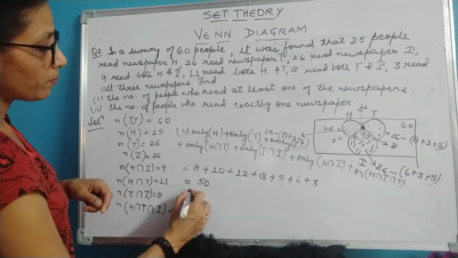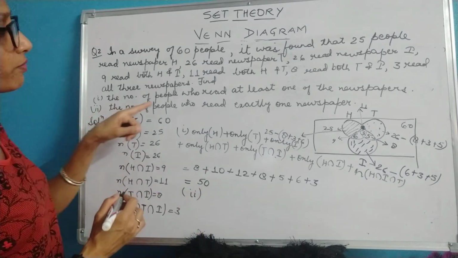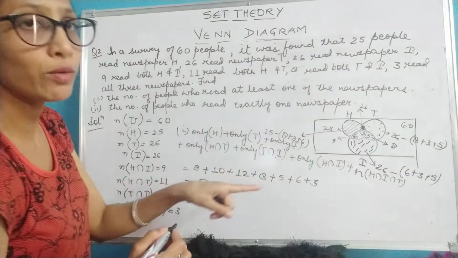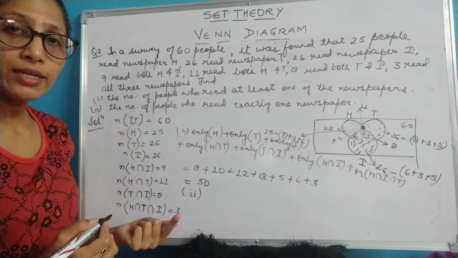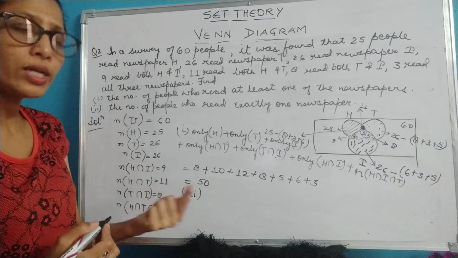Now for the second part, it is given the number of people who read exactly 1 newspaper. Exactly means the people who are reading only 1 paper.